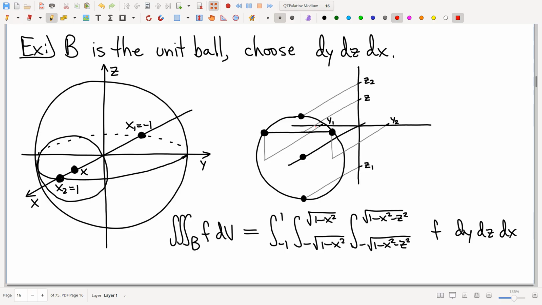Doesn't seem like it would be, but if you take your unit ball and then think about what one of your x slices looks like. So there's the x direction. An x slice would be something like this. It already looks suspicious because why is this slice sort of right on the edge?